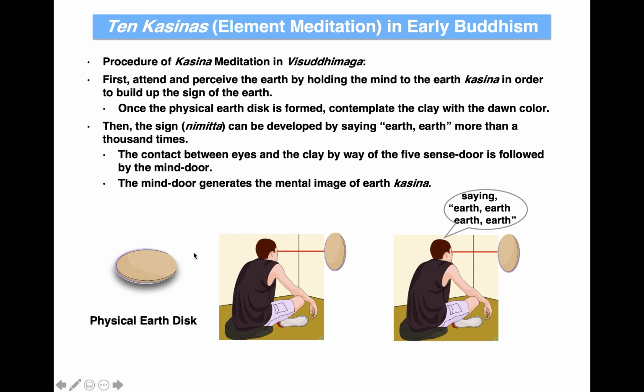You look at the physical earth disk, and then you keep memorizing or saying earth, earth, earth. Then, even though you start with the five sense doors, it is followed by the mind door, which generates the mental image of the earth kasina. In that step, even though you do not see the physical earth disk, your mind door still generates the mental image of the earth kasina.